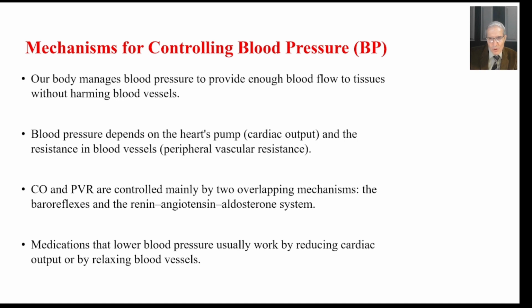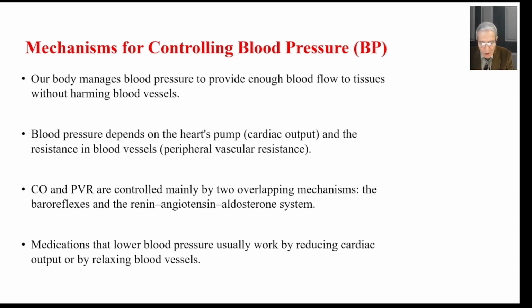Here we are talking about a compensatory mechanism. Our body manages blood pressure by providing enough blood flow to the organs and tissue without harming blood vessels. So we need blood pressure to push the blood to the organs and tissue. But when you have hypertension, it will cause injury to the tissue and organs.